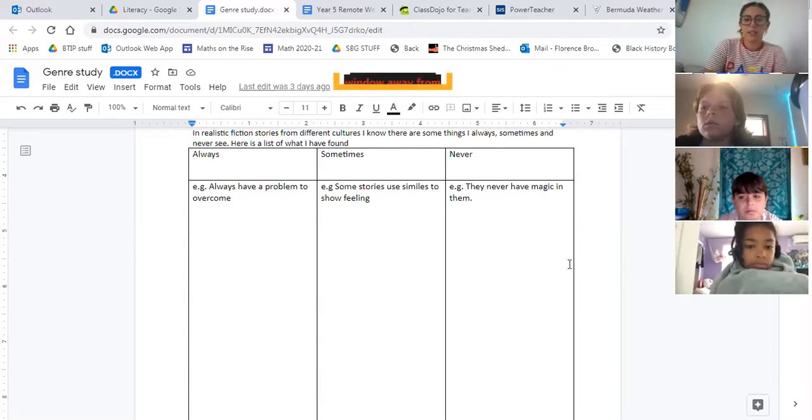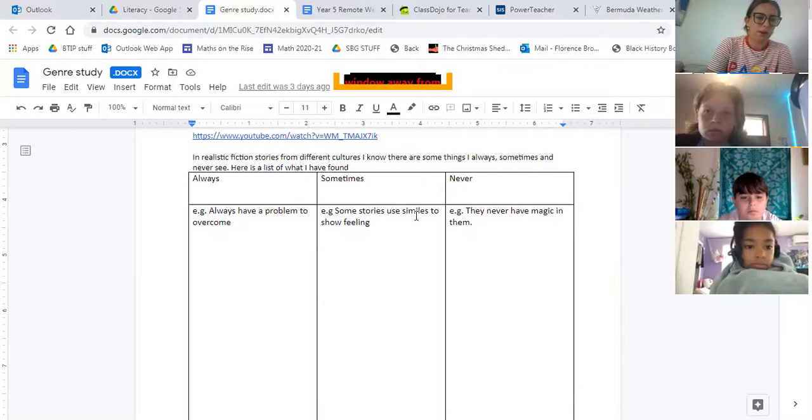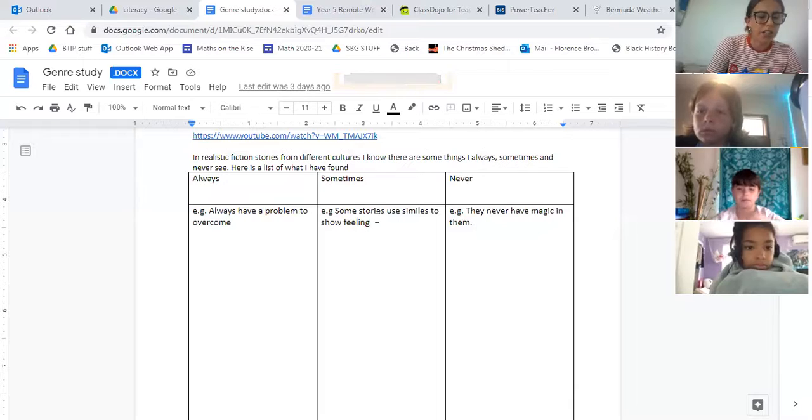I've done a little example for you to have a look at about what you might put in here. My first example is that I've noticed in all these 3 stories, there's always a problem that they seem to have to overcome. They're all very different, but there was always some kind of problem. I noticed that sometimes, in some of those stories, I heard similes, but in other ones I didn't.